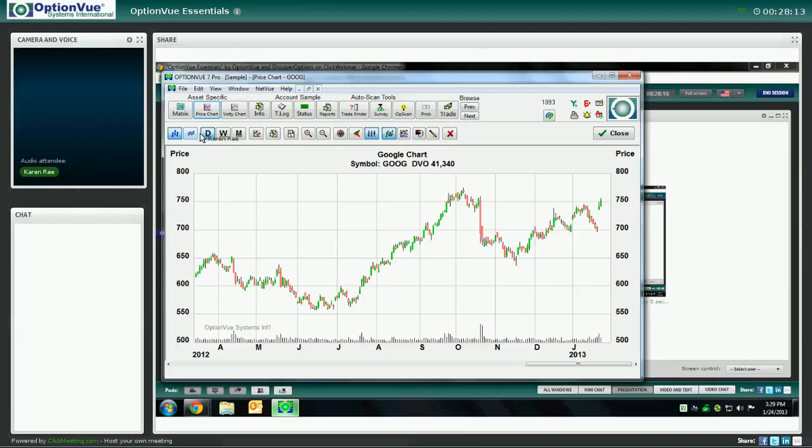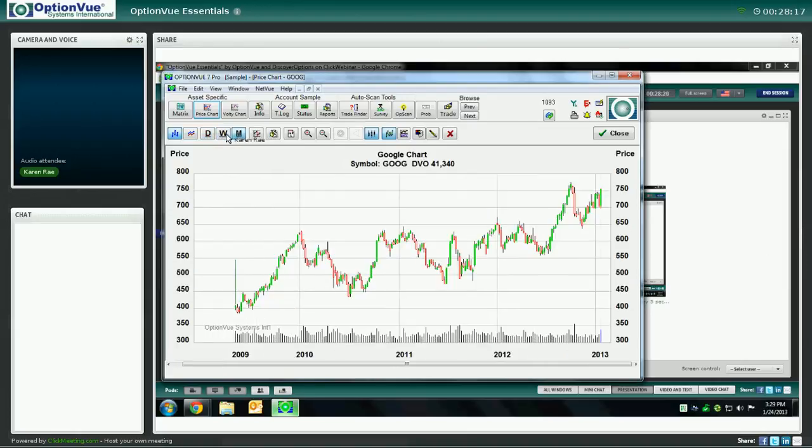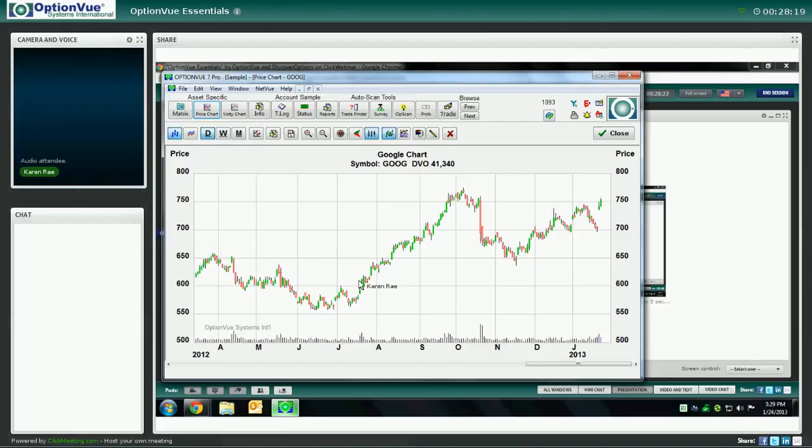I can see on a daily basis, or I can see weekly or monthly. Let's go back to daily. I can see back to April of last year that we've been on a huge uptrend here.